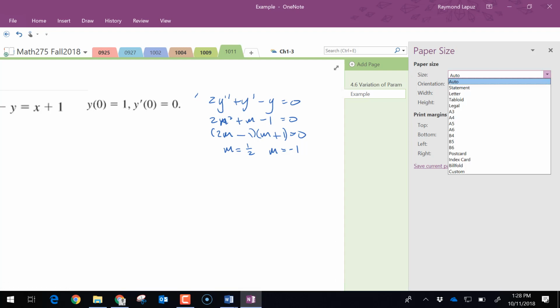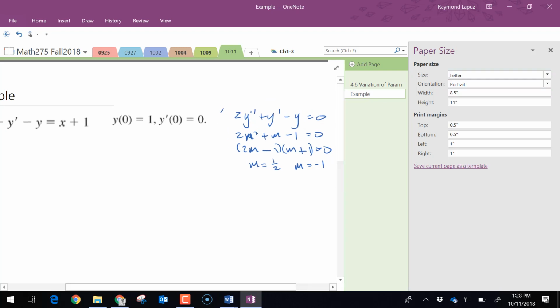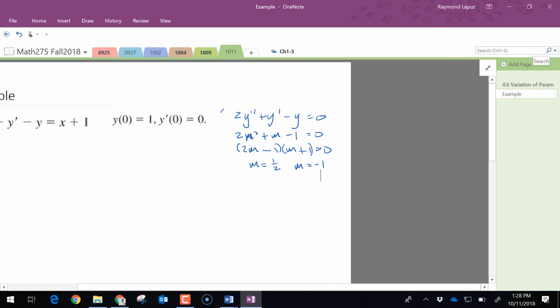So we have e to those powers. Just to be consistent with the way I do things, you don't have to do it this way, but I like the smaller value to be y1 and the larger value to be y2.